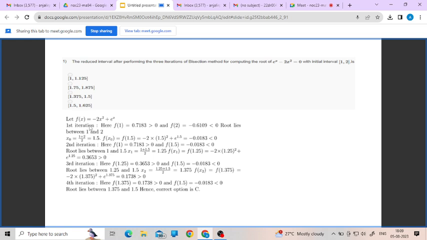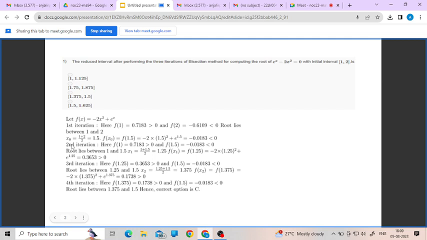So we have shown that there exists a root between 1 and 2. Now what will be x0? For x0 we will take the mean of both the values, (1 + 2)/2. So we'll get 1.5. Now calculate the function value at x0, that is f(1.5). So you will get -2 × 1.5^2 + e^1.5. Okay, this will give you a negative value.